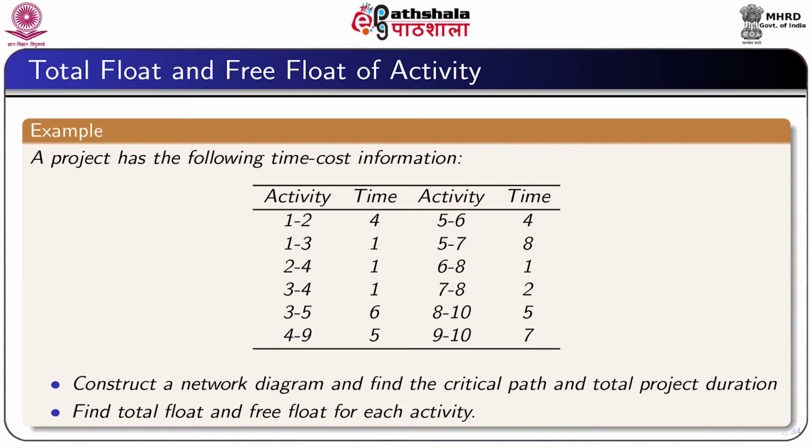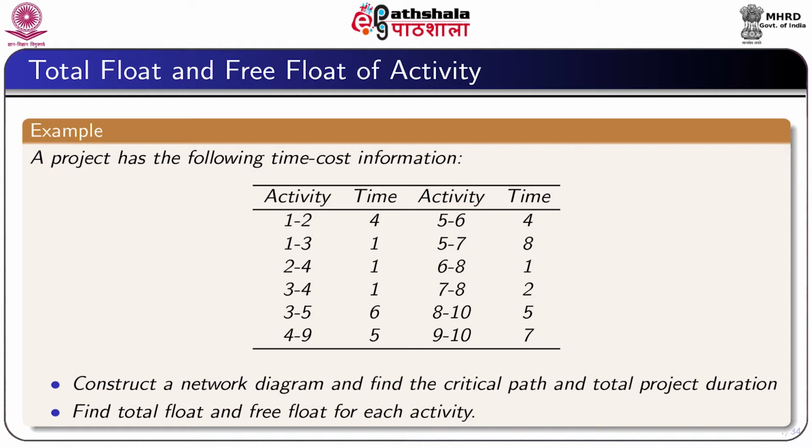For this, we consider an example. A project has the following time cost information. There are activities 1-2, 1-3, 2-4, 3-4, 3-5 and 4-9, and also activities 5-6, 5-7, 6-8, 7-8, 8-10 and 9-10, and their times are given in the slide.